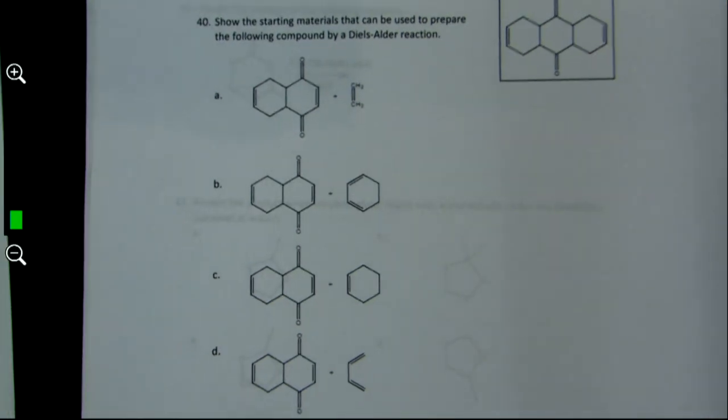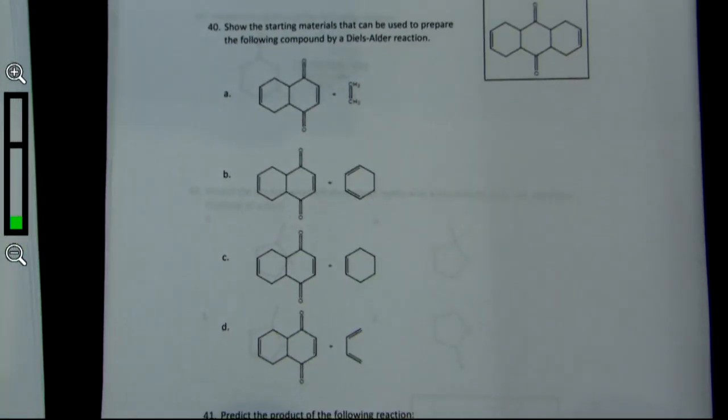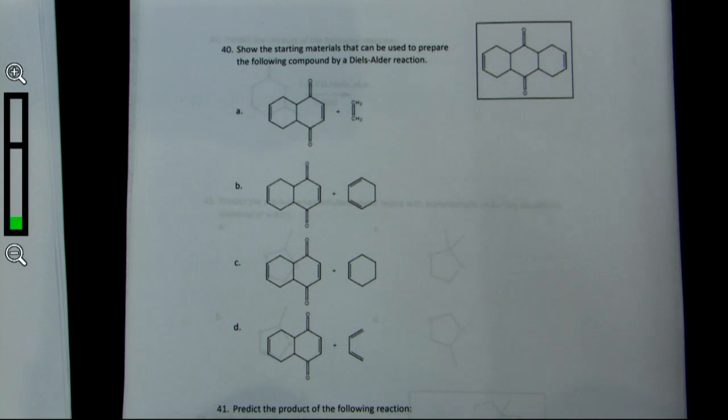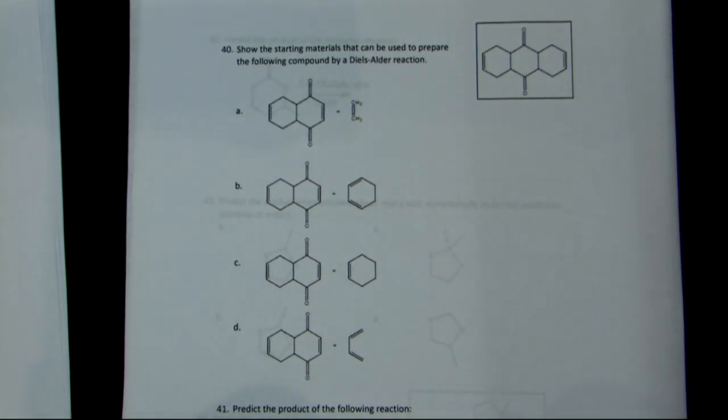So next question. Show the starting materials that can be used to prepare the following compound by Diels-Alder reaction. For a Diels-Alder, we need a diene, which is just a conjugated 1,3-diene, and we need a dienophile, right?